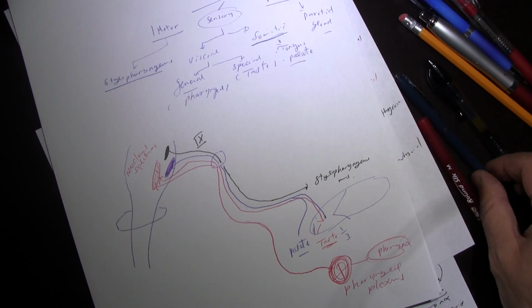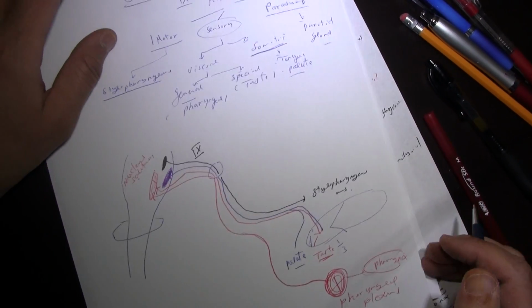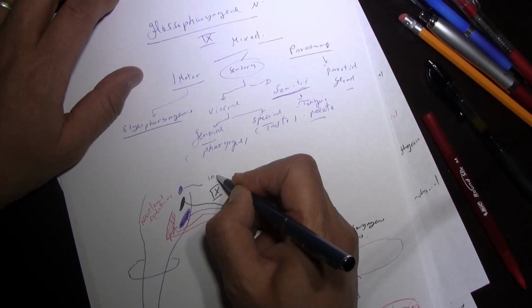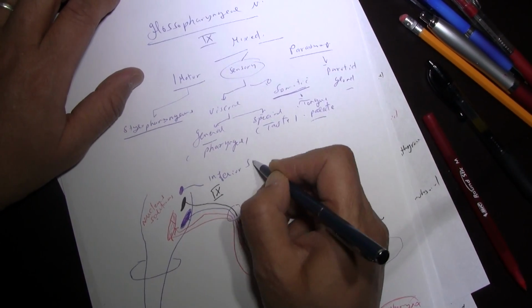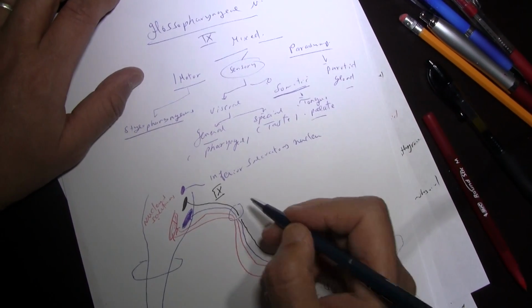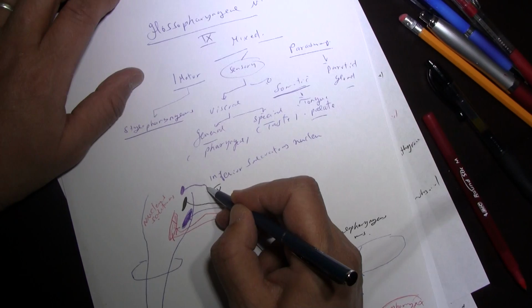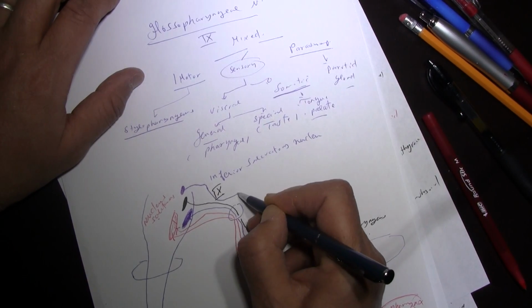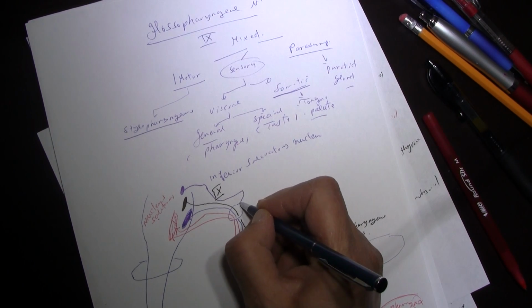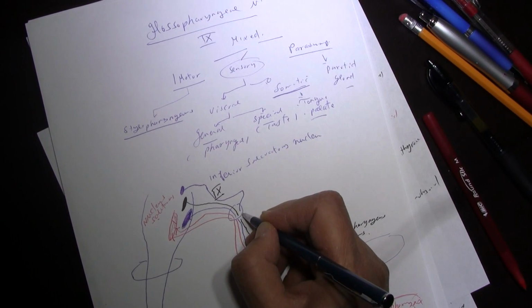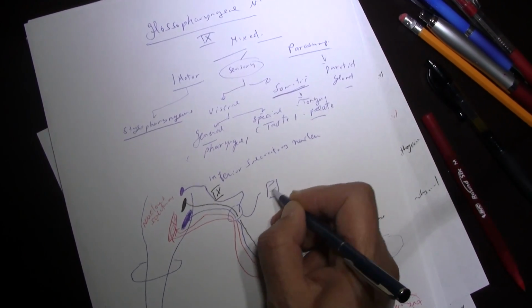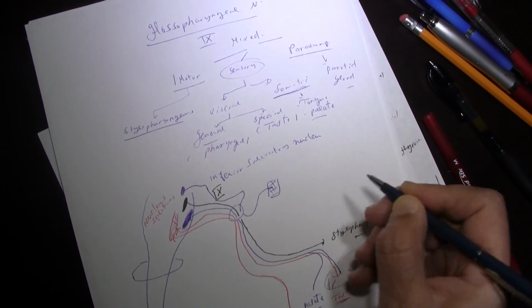Okay, then parasympathetic, which we call the inferior salivatory nucleus. This nucleus sends parasympathetic fibers, which go with the nerve through the jugular foramen, then ascend to the inner surface of the tympanic membrane and form the tympanic plexus.